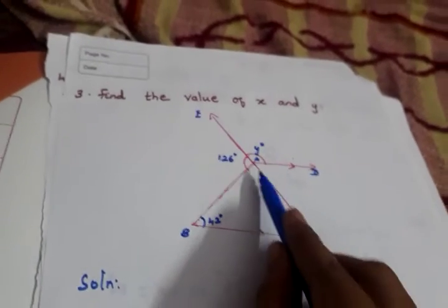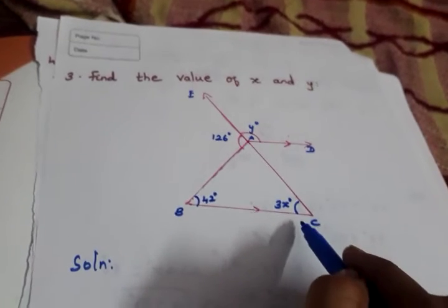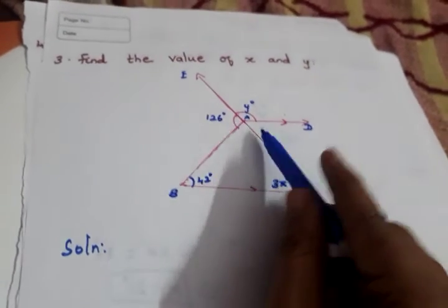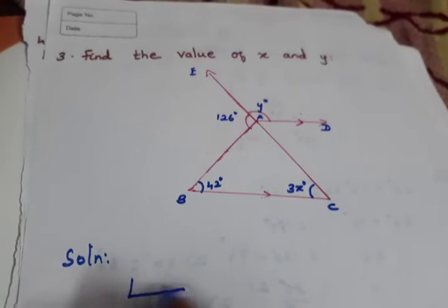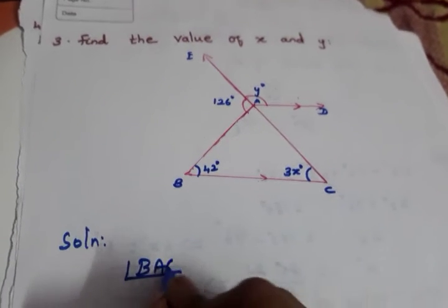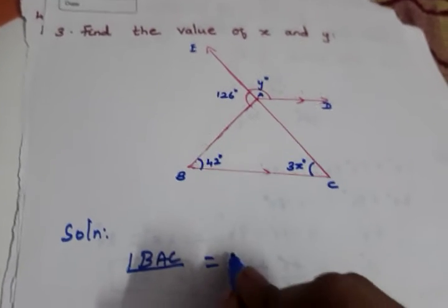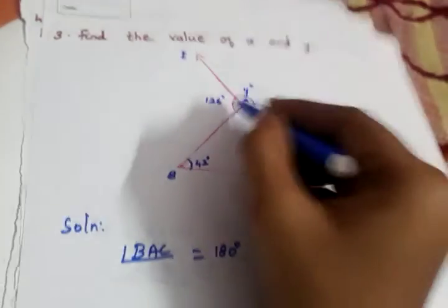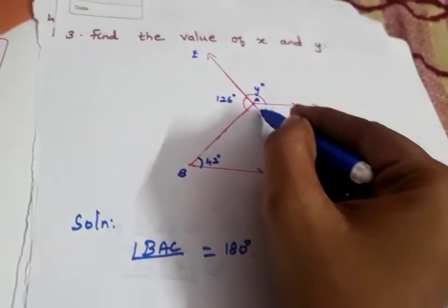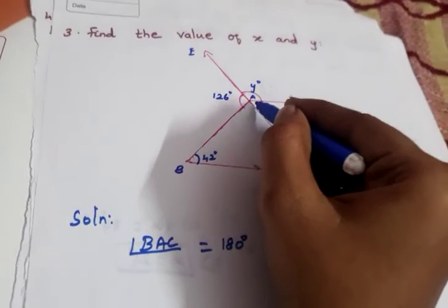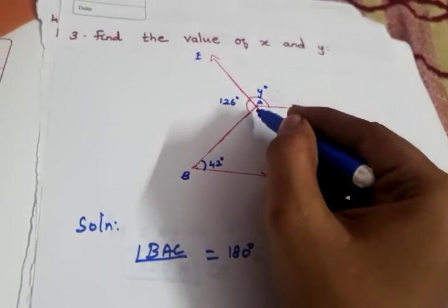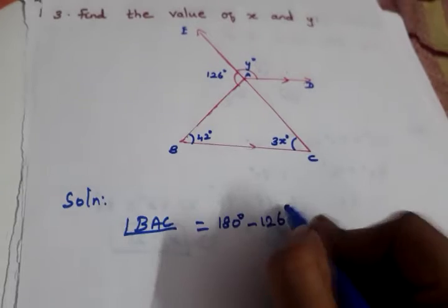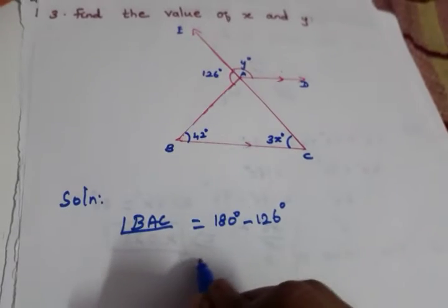This one is A, this one is B, and this one is C. So first we find the value of angle A. On this side, 180 degrees is the whole angle, isn't it? So 180 degrees minus 126 degrees gives us the value of angle A.